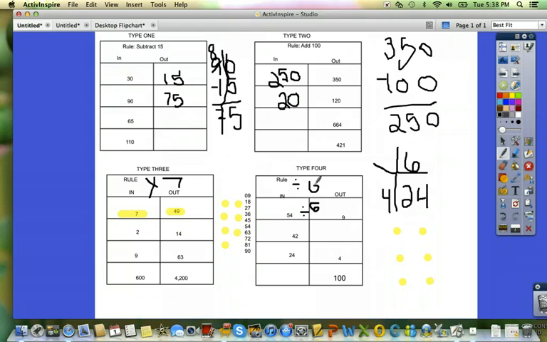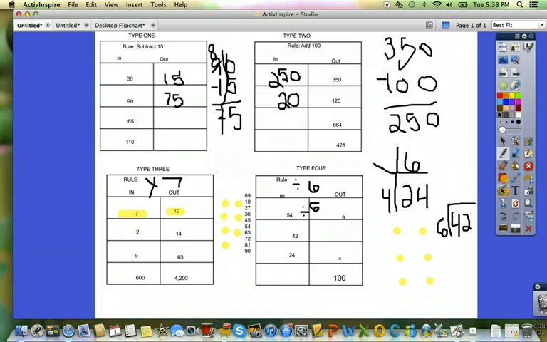by 6. So I'm going to take a look at 42. I will do this one with you, and maybe you and your parents can figure this one out. So 42 divided by 6, and I just did 24, so let's see if I can do it with 42, okay?